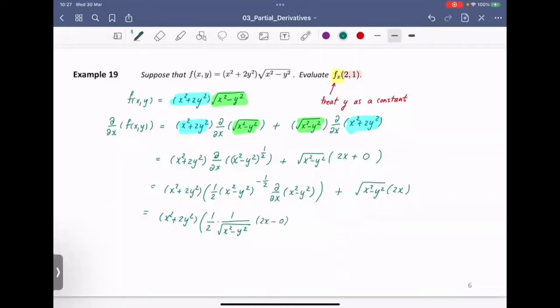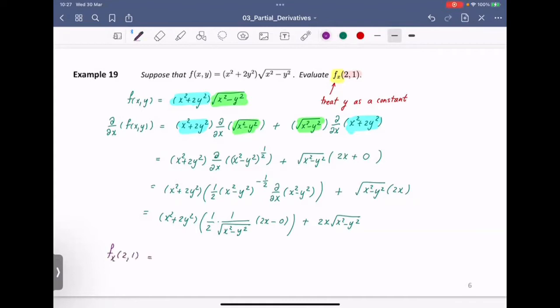Again, remember that y is constant. And then you have plus 2x square root x squared minus y squared. Well, this is done already. This is the answer for the partial derivative with respect to x at the point x, y. General partial derivative with respect to x. The question asks you to plug in fx at 2, 1.